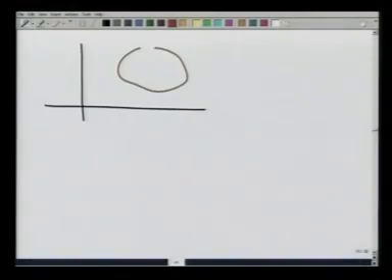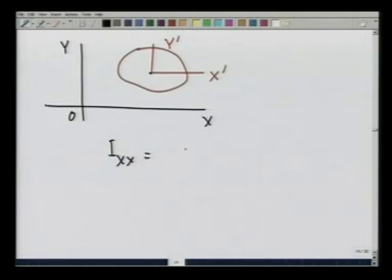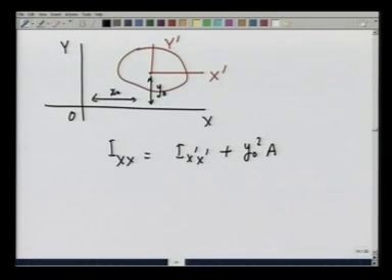Let us summarize these. So, for an area whose second moment and product of area are known about the axes passing through the centroid, I have in general I_xx equals I_x' plus y_0 squared times the area, where y_0 is the y coordinate of the centroid.